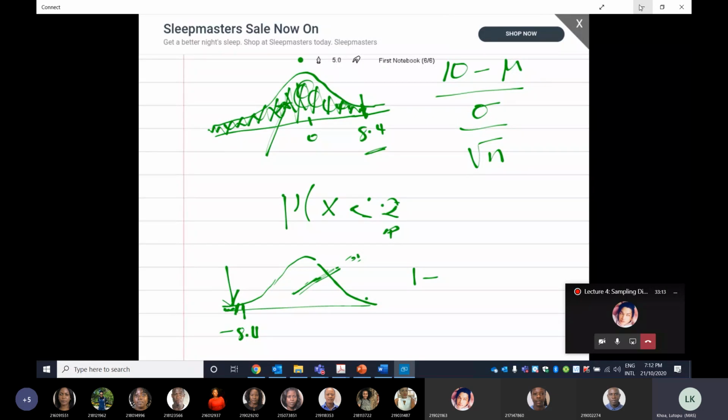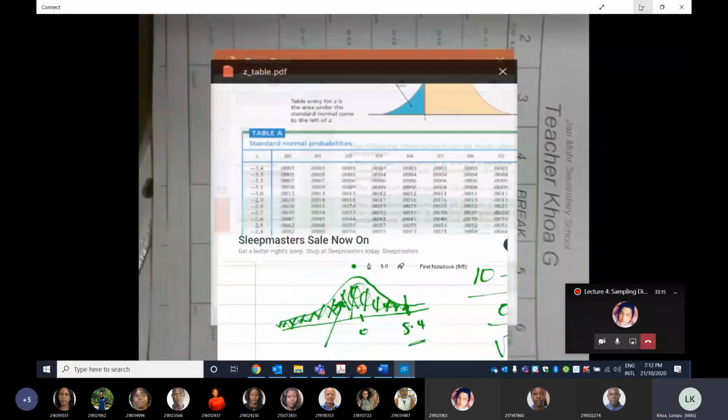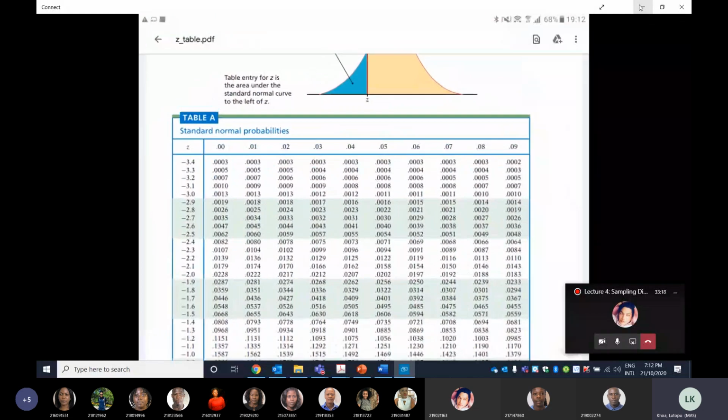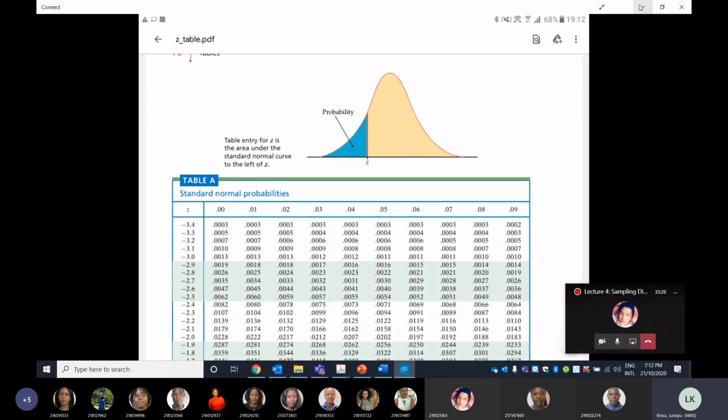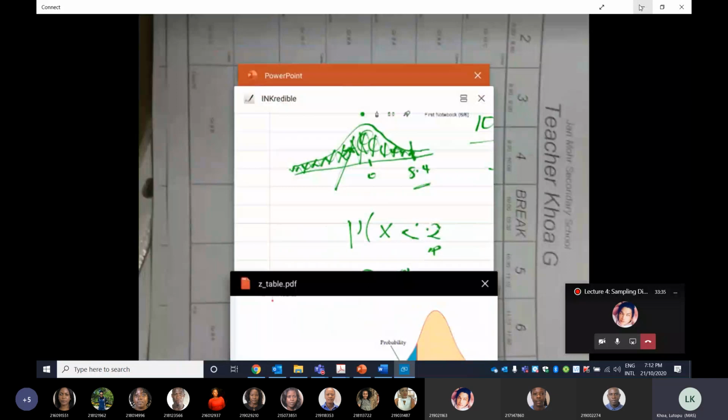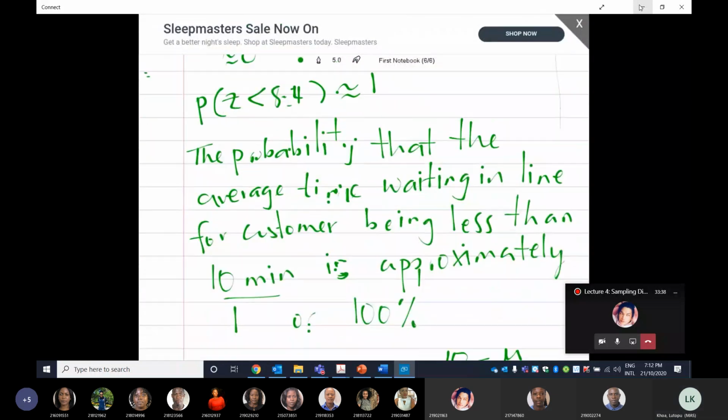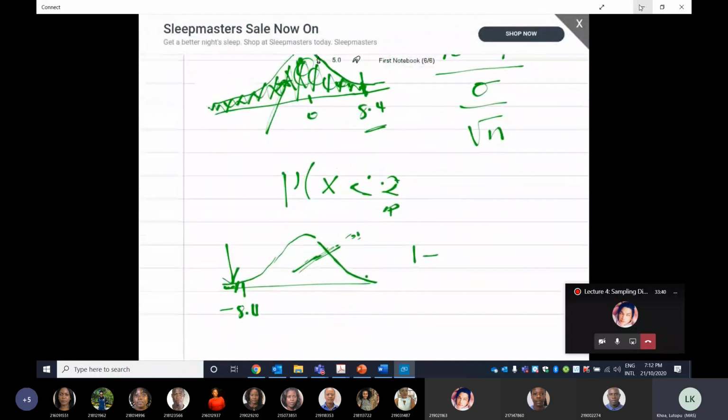Okay, so what we do is we go to our table, and our table only stops at negative 3.4. So values smaller than negative 3.4 are approximately equal to 0. So it's almost negligible. So what that means is that this area here is approximately equal to 1.